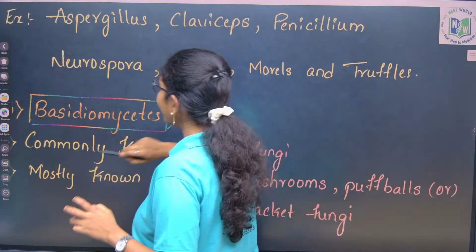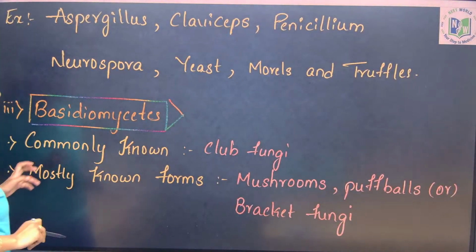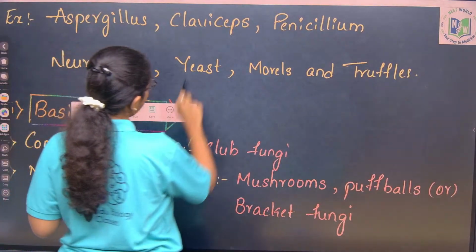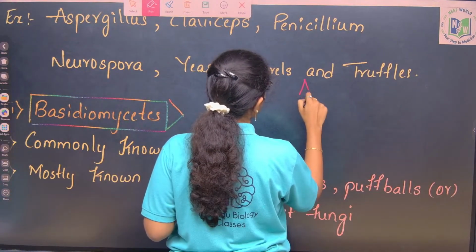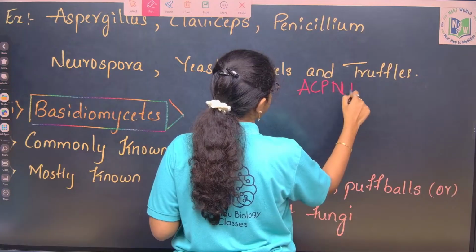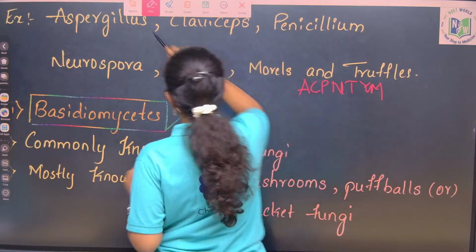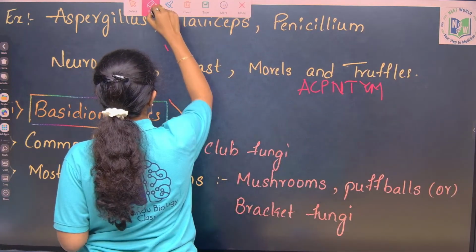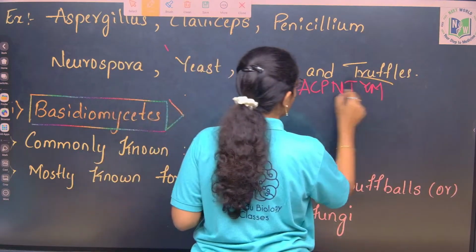Next, examples. To remember the examples of Ascomycetes, there is a mnemonic: ACP-NT, which I have told you many times.